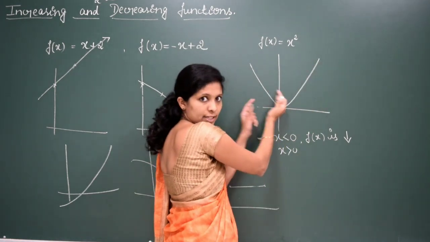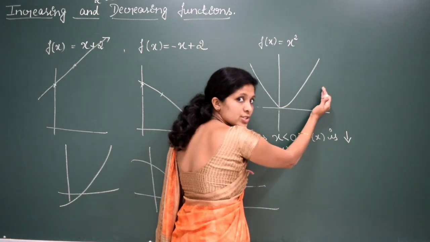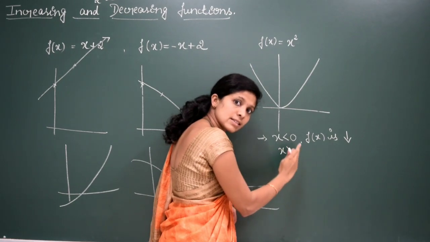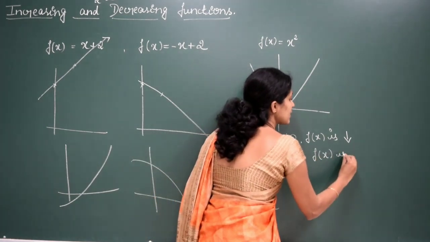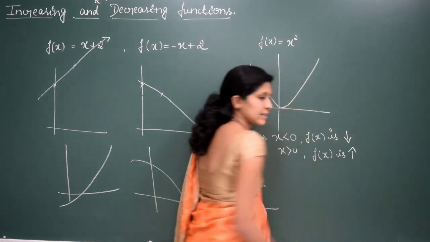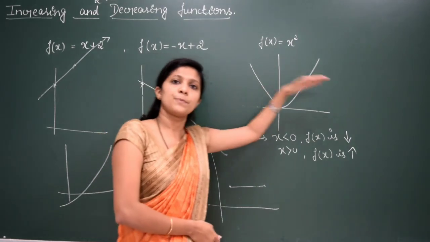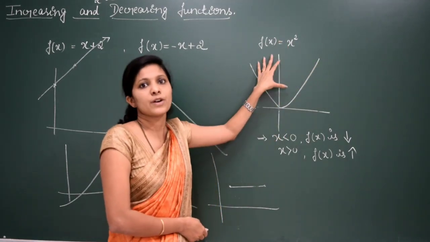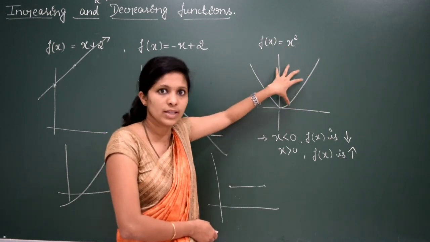To the left side of the origin the function is decreasing, and on the right side of the origin the function is increasing. Is it clear? For the negative side the function is decreasing, and for the positive side the function is increasing. Totally, we can say that the function is neither decreasing nor increasing because both are included here.